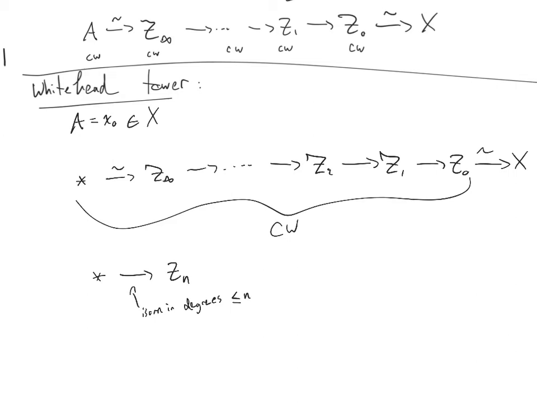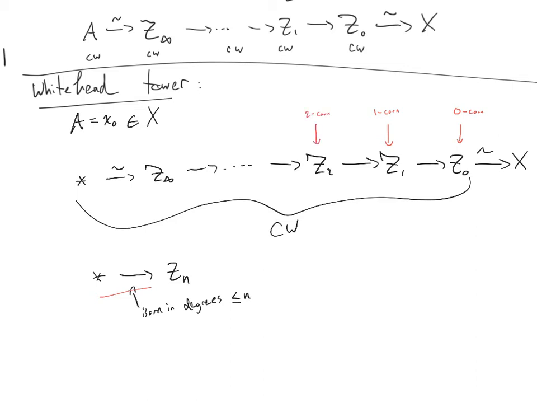So what you have is this tower of things where Z0 is, let's switch colors, I don't want these to be maps, these are comments. This is a 0-connected CW space. This one's 1-connected by this assumption here. This one here is 2-connected.